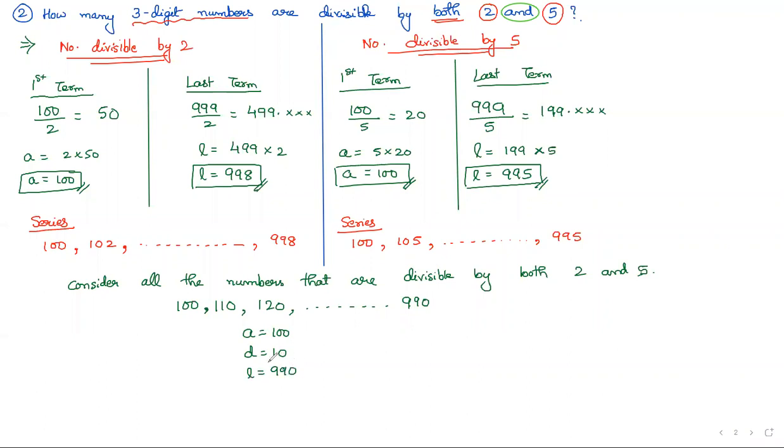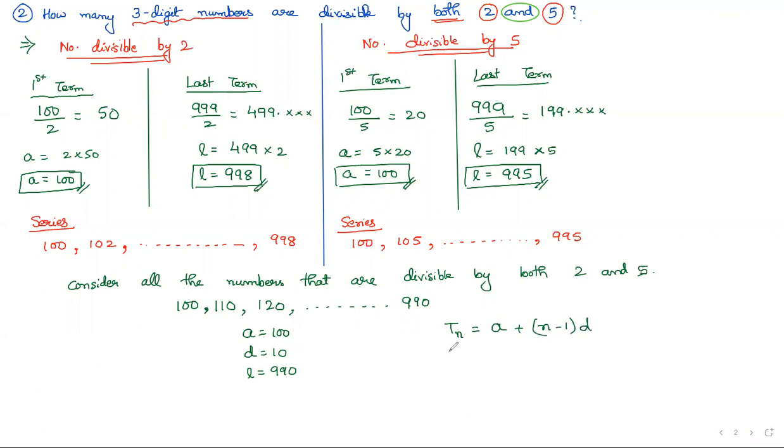What do I need to find? I need to find how many numbers are there. Basically, the last term, what is the value of n? I need to figure that out. So Tn I know is nothing but 990, given by the formula a plus n minus 1 into d.